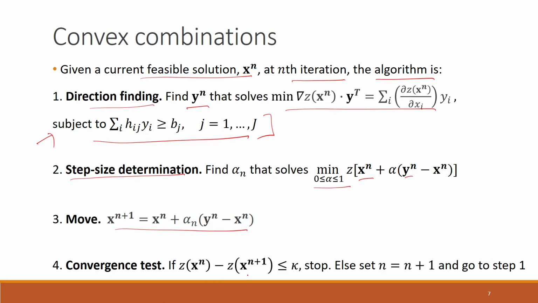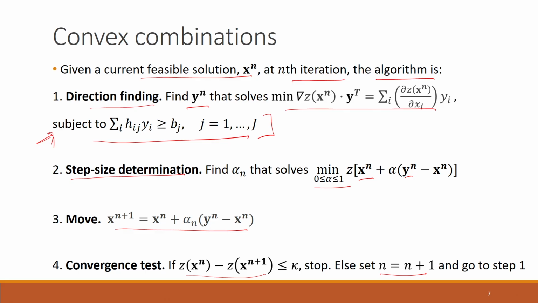If the difference in the objective function values between two consecutive iterations becomes less than some predetermined constant kappa, that is, z(xn) minus z(xn plus 1) is less than or equal to kappa, then we can stop. Otherwise, we set n equal to n plus 1 and go back to the first step.